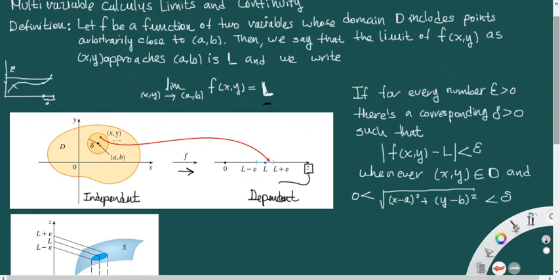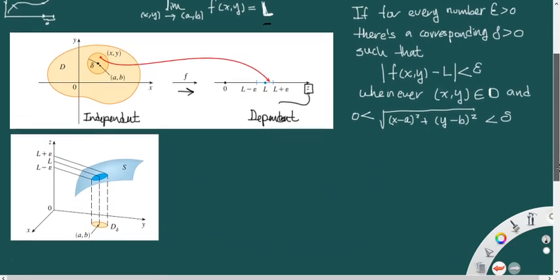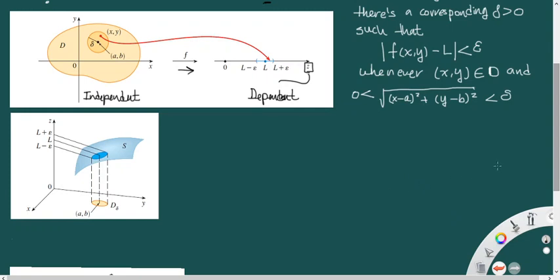In this case, just to illustrate the nature of the limit, we have x minus a, which is this one, and y minus b, which is the distance of the radius from this point a, b to the values that are corresponding to this plus minus epsilon in the dependent variable.